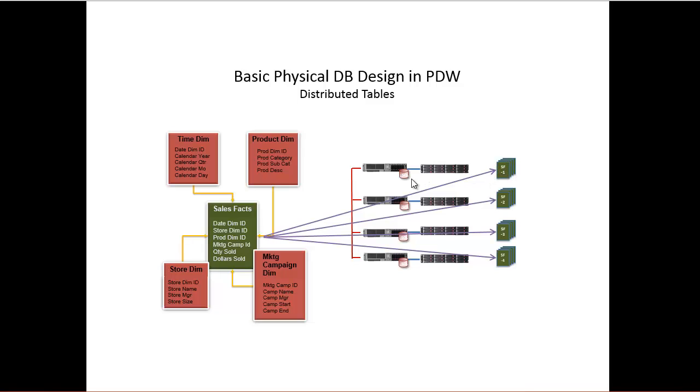In fact, on each compute node there are multiple distributions, 8 to be specific. But for simplicity's sake, I'll just say a fourth of the fact data would go here, a fourth here, and here, and here, etc. So you get 100% of the data spread across all 4 of the nodes. So that's your fact data.